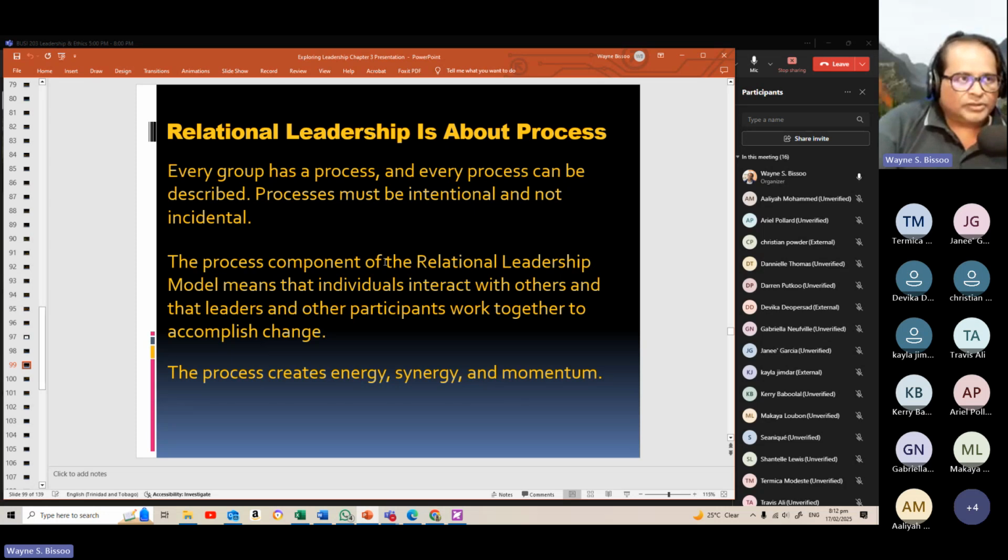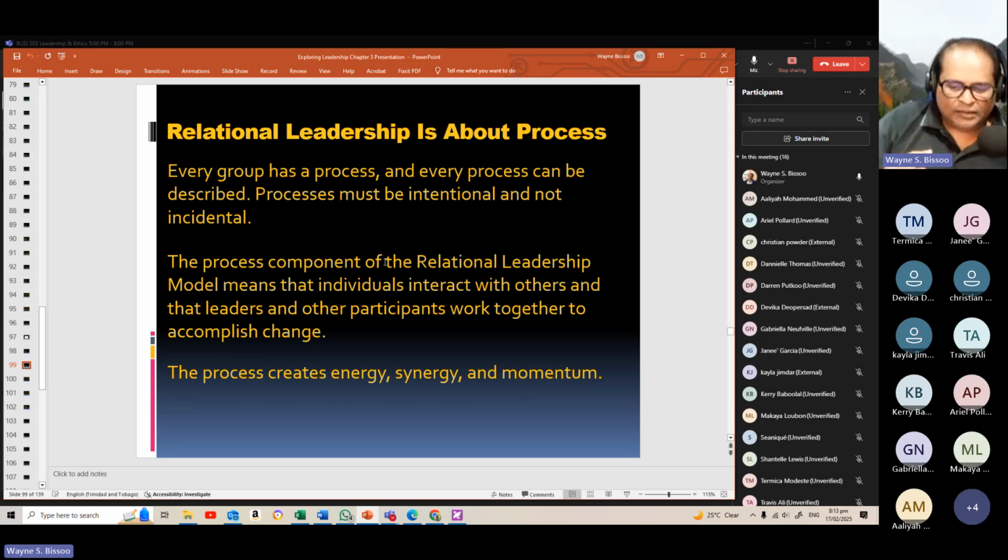So for example, every time I teach a class, I go through the same process of design, development, delivery, evaluation, reflection, and redesign. It becomes a process, and the process is supposed to help us improve what's taking place.